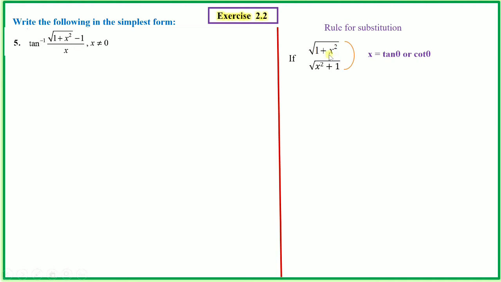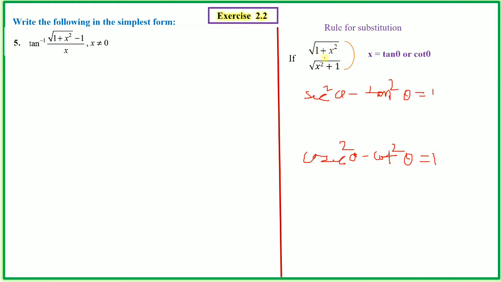Why? Because in general trigonometry you have identity number 2. The identity number 2 says sec square theta minus tan square theta is equal to 1, and cosec square theta minus cot square theta is also equal to 1.